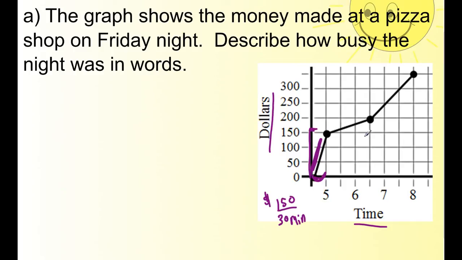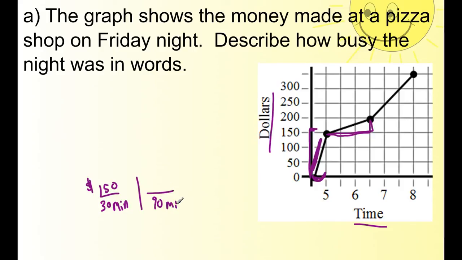In the next time span, between 5 and 6:30, so that was an hour and a half, that's 90 minutes, they only made $50. Let's move all this over here. So in the next time span, in 90 minutes, they made $50.